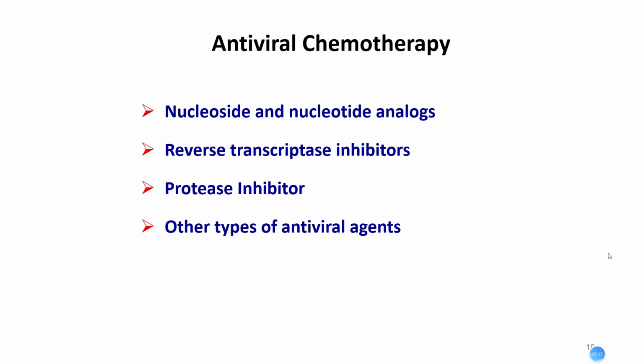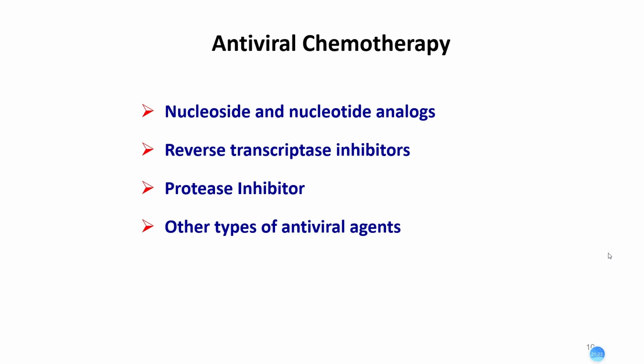Chemotherapy, according to the name, we use some chemical to inhibit the viral replication, such as the nucleoside or nucleotide analogs, the reverse transcriptase inhibitor, this is for HIV, and some protease inhibitors.